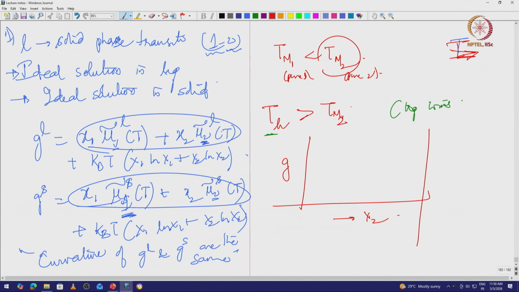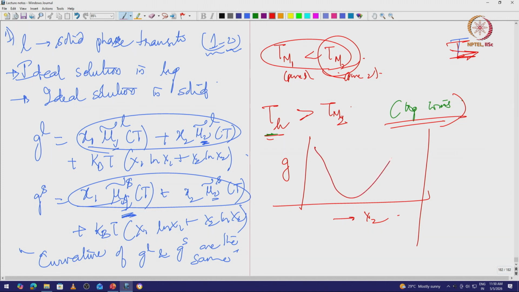This is the material with the larger melting point, and this is pure 2. So, pure 2 has a larger melting point than pure 1, and then we are going to mix them to form a solution. Ideally this solution should have some melting point between TM1 and TM2. But I am at a temperature which is larger than the larger melting point. So, even if I form a solution, it should be the liquid that wins, and indeed liquid wins.